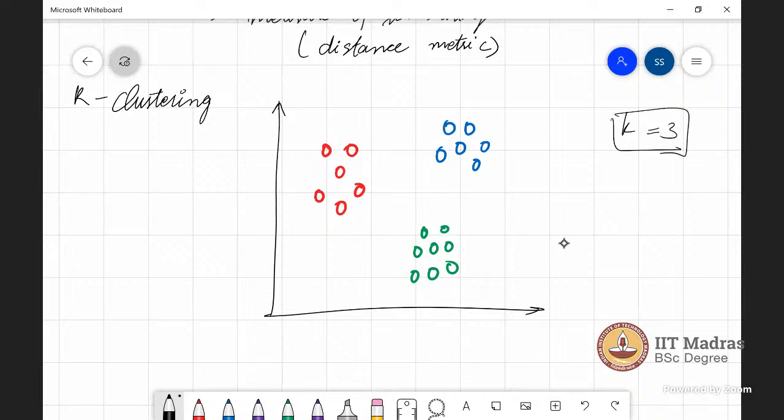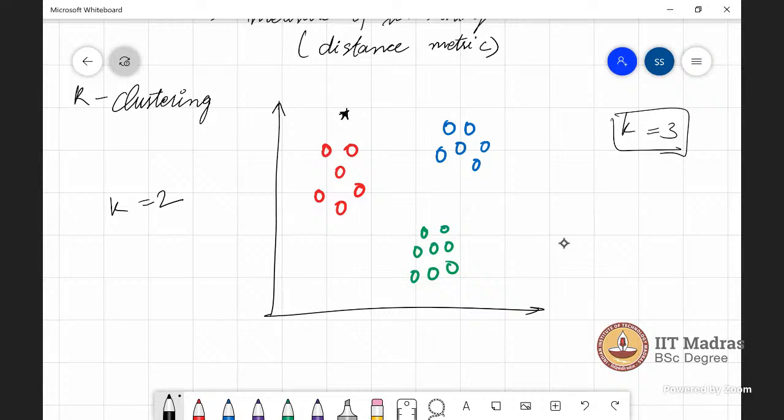Okay. So what we do first is choose some value of k. For example, if we choose k equal to 2, since initially we do not know the best value of k, we start with 2, and we choose 2 random centroids.